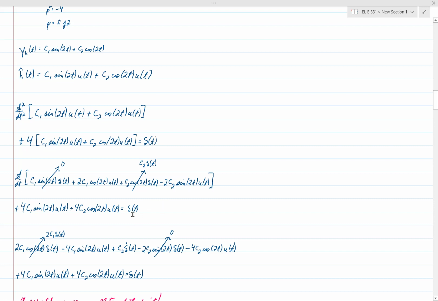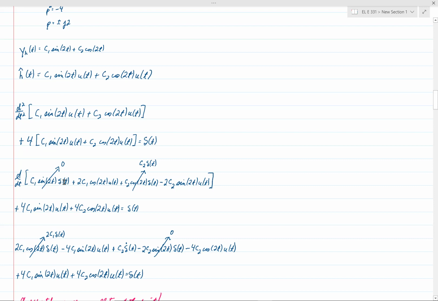Now I want to call your attention to something here. Remember we said that whenever you have an expression of the form f of t times delta of t, you immediately simplify it to f of 0 times delta of t. And we have two expressions that look like that: a sine 2t delta of t here and a cosine 2t delta of t here.